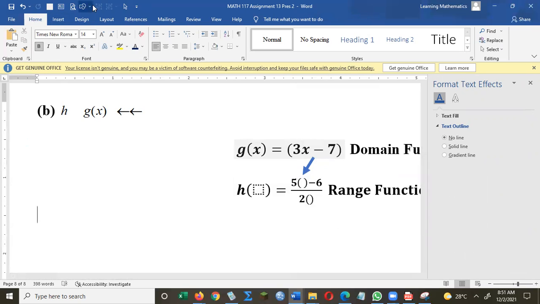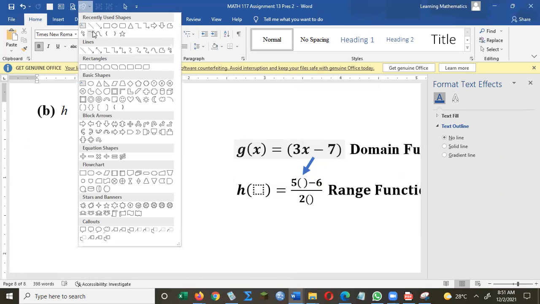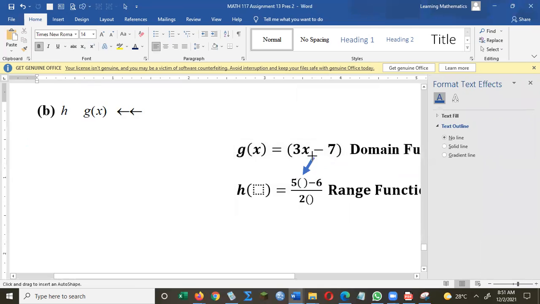We have two sets of brackets, so we have to put 3x minus 7 in two places: one in this bracket and one in this bracket here.